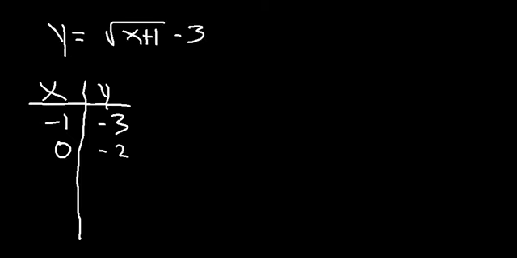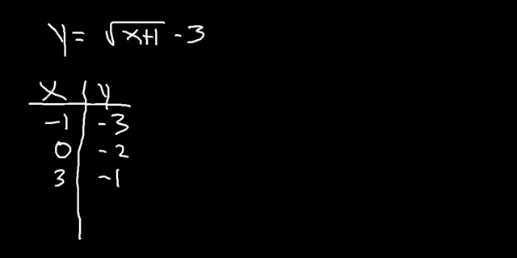Now your next point, you don't want to plug in 1, 2, 3, and 4. You want to plug in numbers that are perfect squares, because you can square root it. The reason why I plug in 0 is because I can square root 1. The next number I'm going to choose is 3, because 3 plus 1 is 4, and the square root of 4 is 2. 2 minus 3 is negative 1.